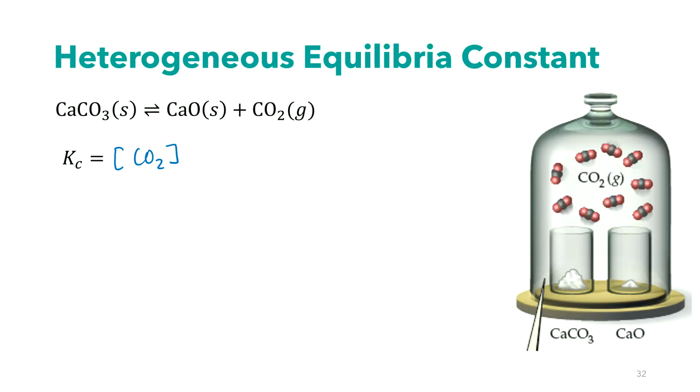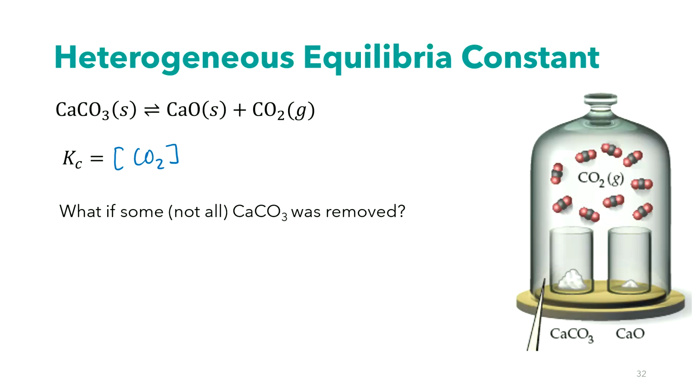That's the only thing that dictates this equilibrium. So let's go through a couple of changes. I'm sitting here, I've got this bell jar. Without letting any of the CO2 out or any more air in, I magically swoop in and take some of the CaCO3 out. Does my system have to change? Does something about equilibrium change? I pull some of the reactant out.